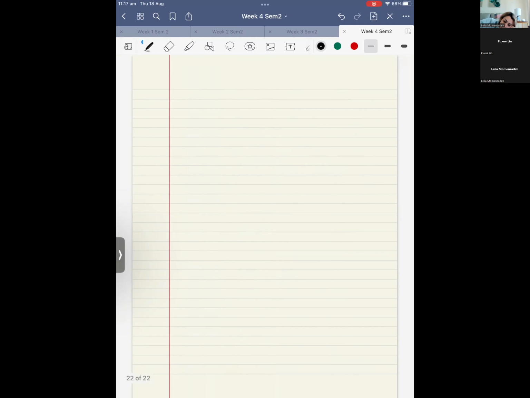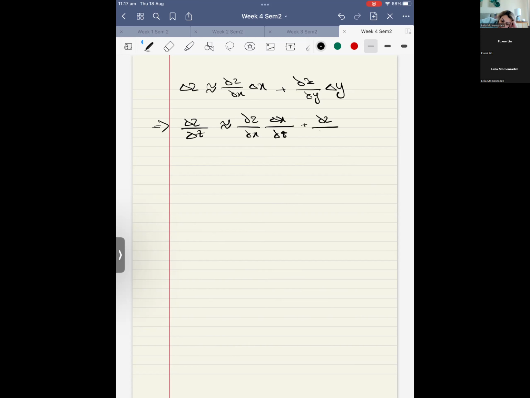You know that delta z is equal to ∂z/∂x delta x plus ∂z/∂y delta y. It means that I can write here delta z over delta t equals ∂z/∂x delta x over delta t plus ∂z/∂y delta y over delta t.